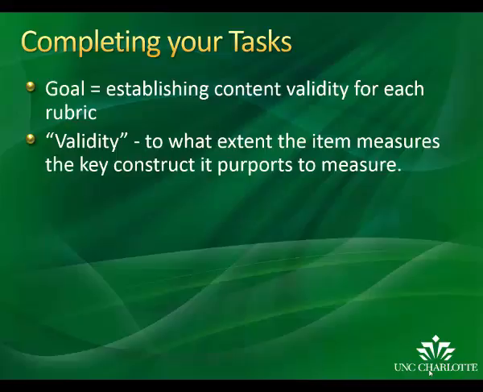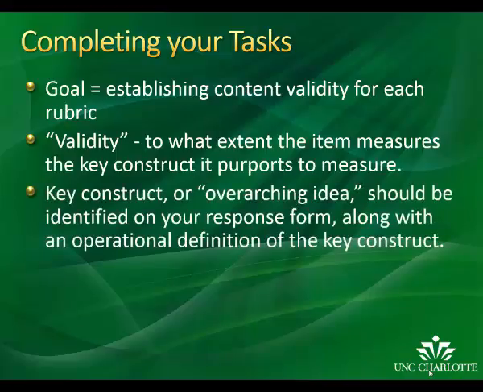Your primary task is to rate each of the items on the rubric in terms of to what extent the item measures the key construct it purports to measure. The key construct, or overarching idea, should be identified on your response form, along with an operational definition of the key construct, so you understand exactly how UNC Charlotte faculty are using the term.